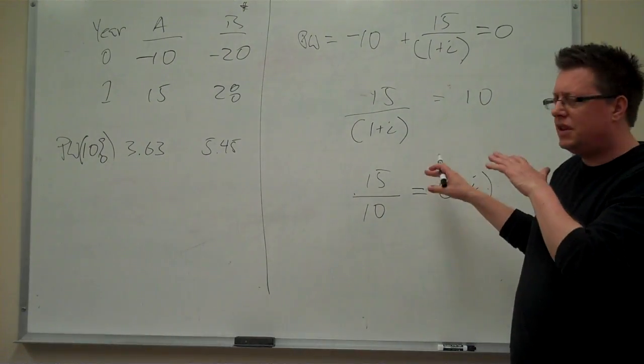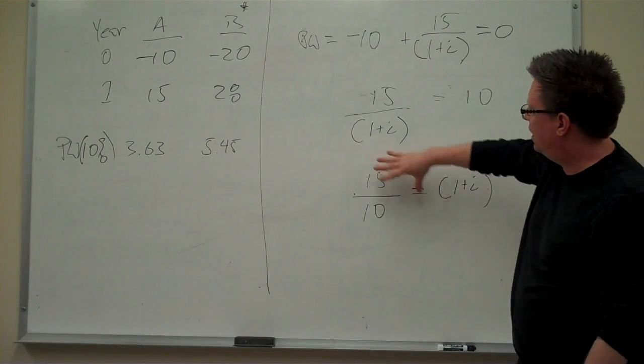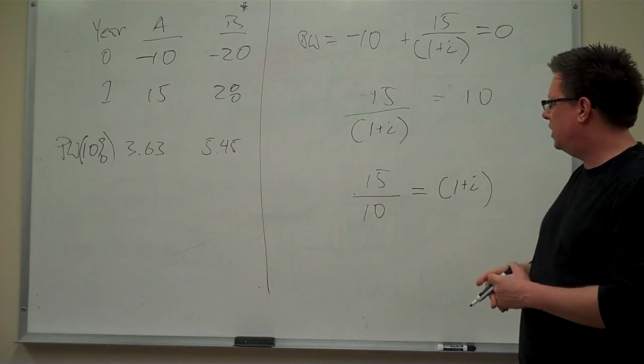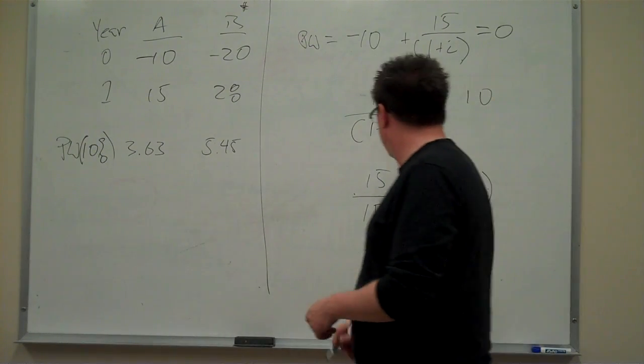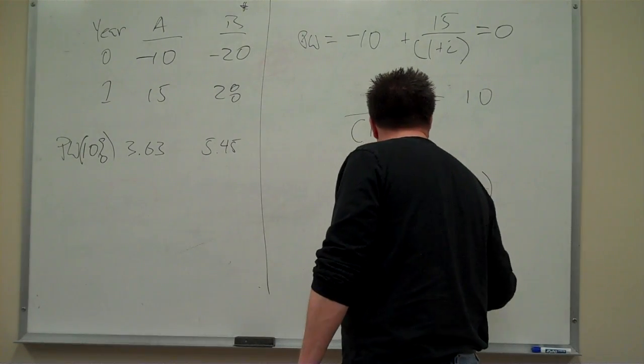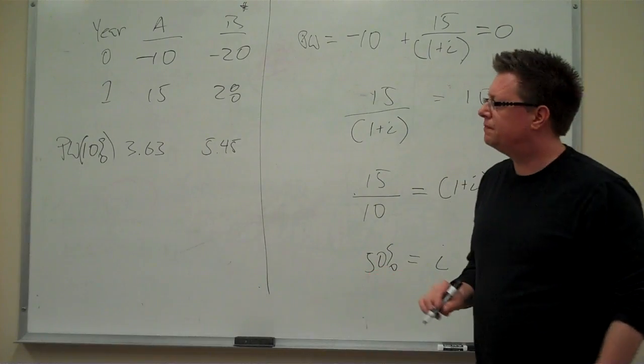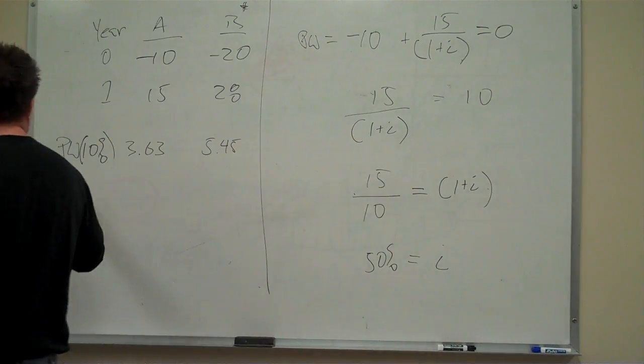Normally, for the full rest of the equation, you raise this to the power of 1 on n, which is over here. We don't have to do that. And what we find is that the interest rate here is 50%. So the internal rate of return here is 50%.